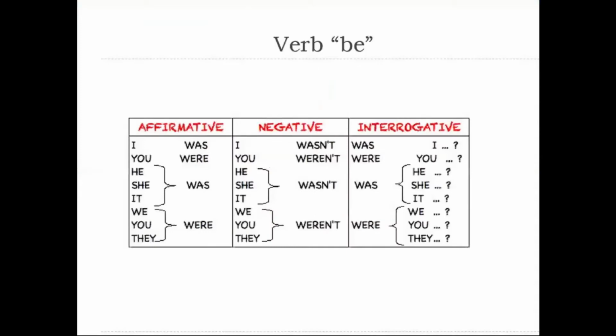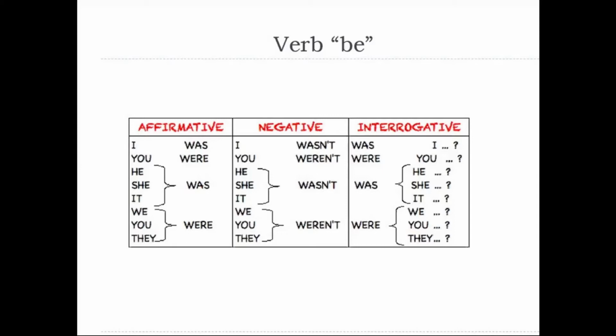And now let's see to be in the past. For example, to be in the past in affirmative form: I was, you were, he, she, it was, we were, you were, they were. In negative form, we add not: I wasn't, you weren't, she wasn't, he wasn't, it wasn't, we weren't, you weren't, they weren't.